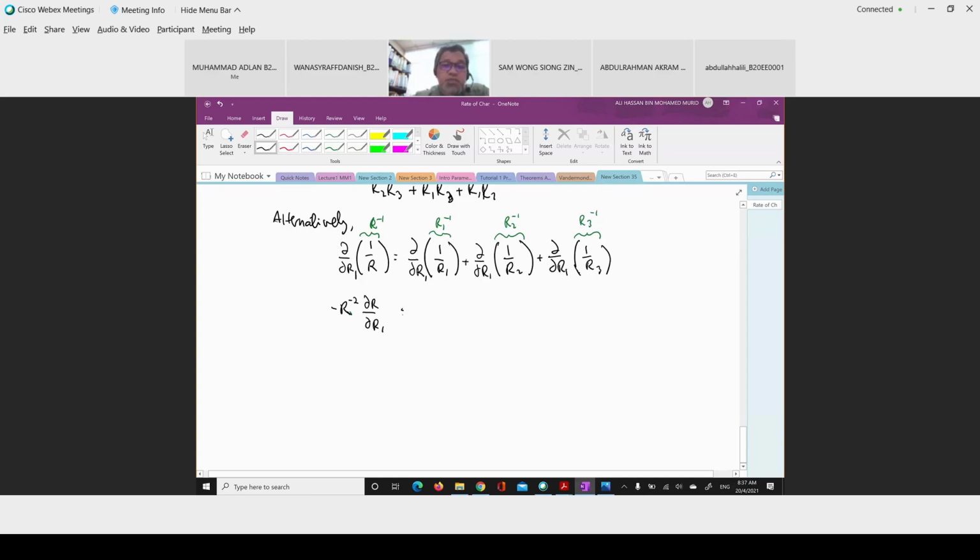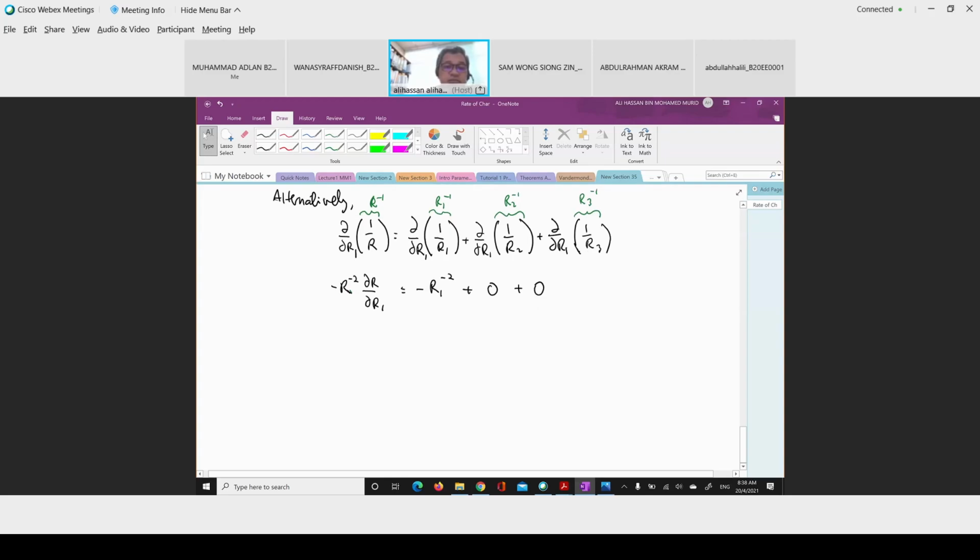And on the right, the first partial is minus R1 to the power of minus 2. And the rest is 0, because the next two terms, 1 over R2 and 1 over R3, have no R1 there. So the partial derivative is 0.